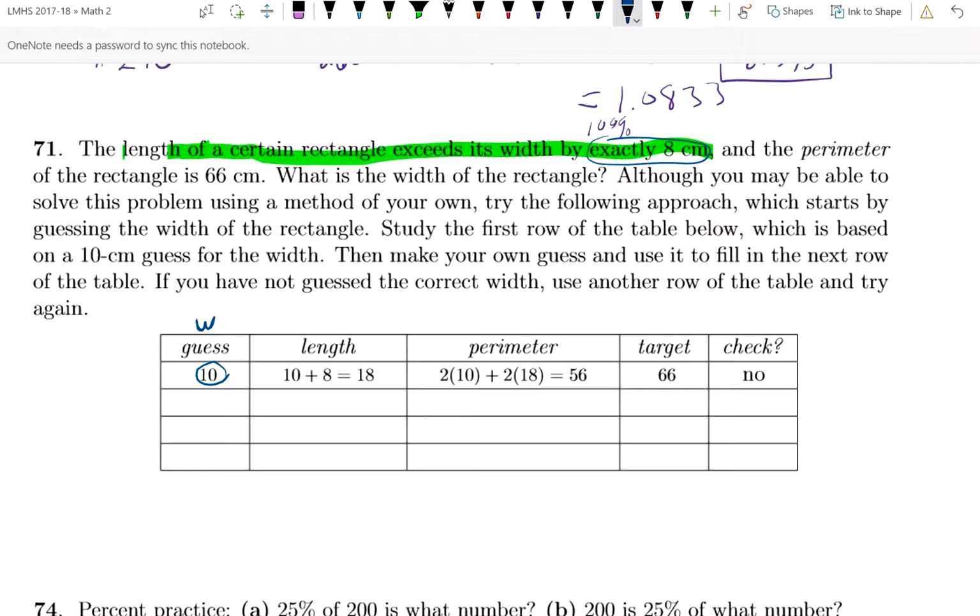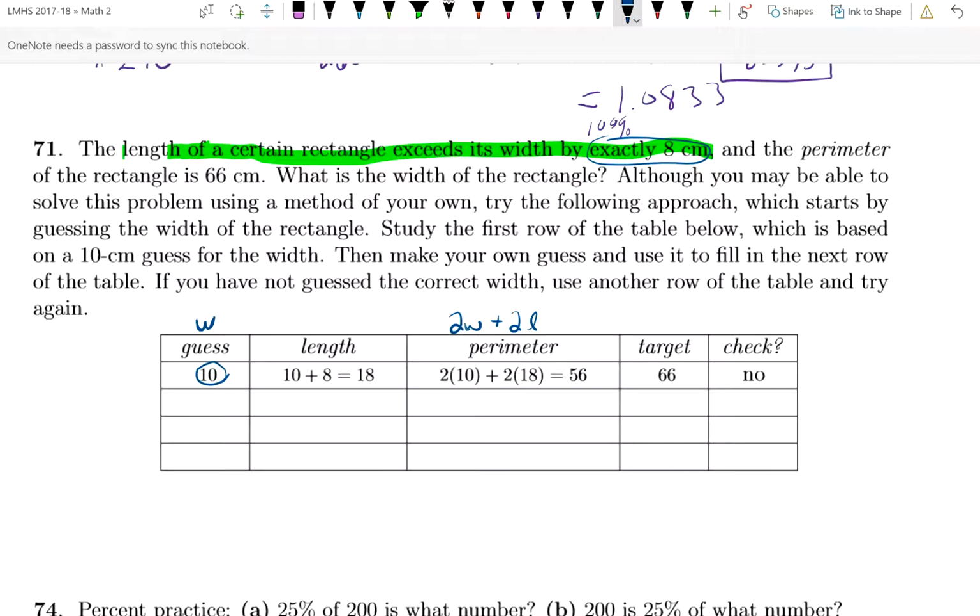Then we want the perimeter to equal 66. So they took 2 times the width, because the perimeter is 2W, plus 2 times the length. And they got 56, and they wanted 66. So it didn't work out.